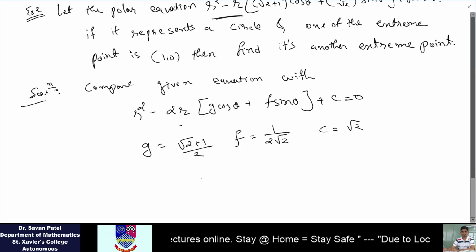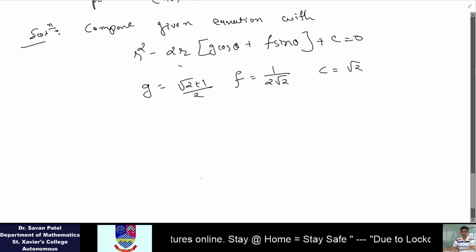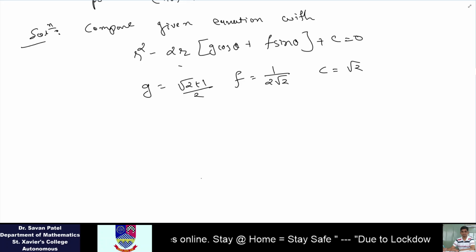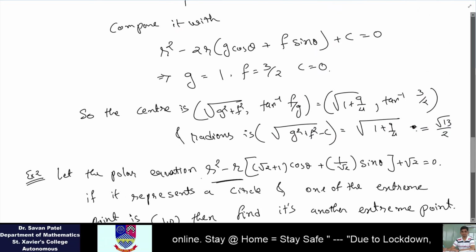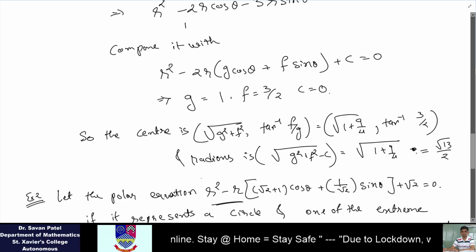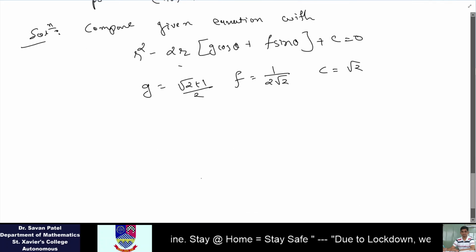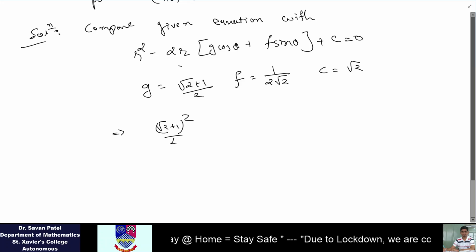So first of all, you have to check whether g square plus f square minus c is 0 or greater than 0. Okay. So g square, that is (square root 2 plus 1) square by 4, plus f square, that is 1 by 4 times 2, that is 8, minus c, that is 2.